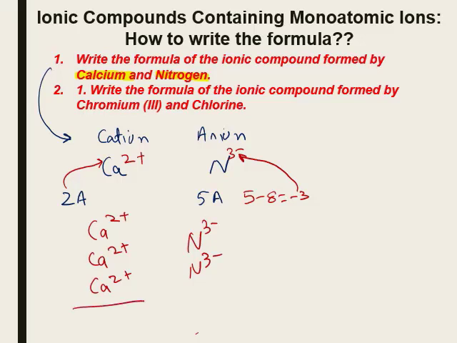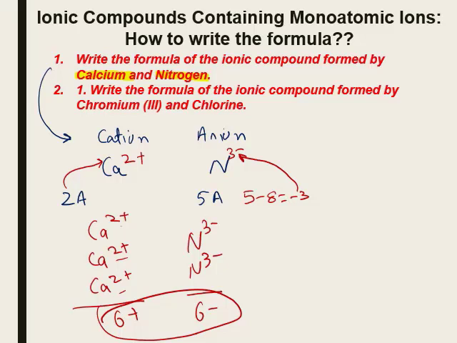With 3 calciums, the total charge will be 2 plus 2 plus 2 plus, which is 6 positive, and 2 nitrogens will give us 3 negative, 3 negative, 6 negative. So now the charges are equal. This is the combination by which they will neutralize each other.